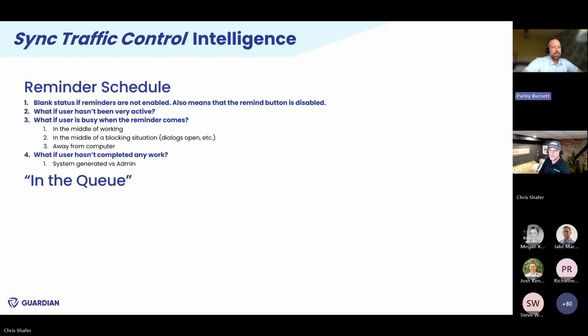If a user hasn't been very active yet, a reminder will pop up after that amount of active time. So let's say I'm scheduled for noon and noon arrives, but I've only met like 40 minutes of active time. At that moment, Guardian checks how much time has been utilized.